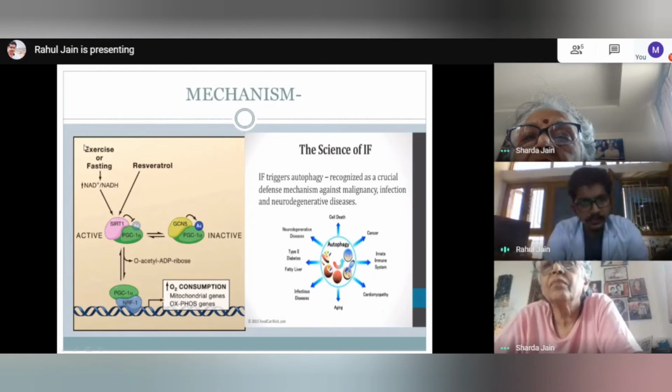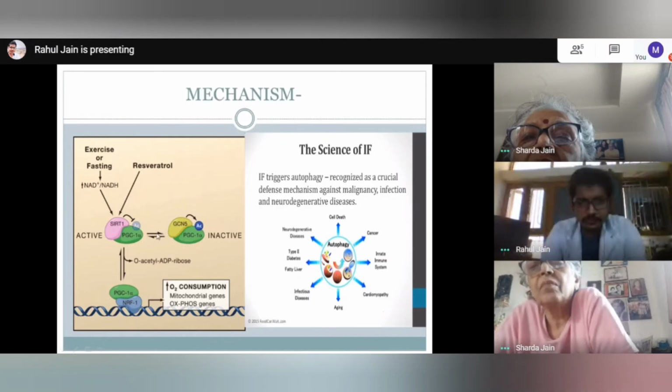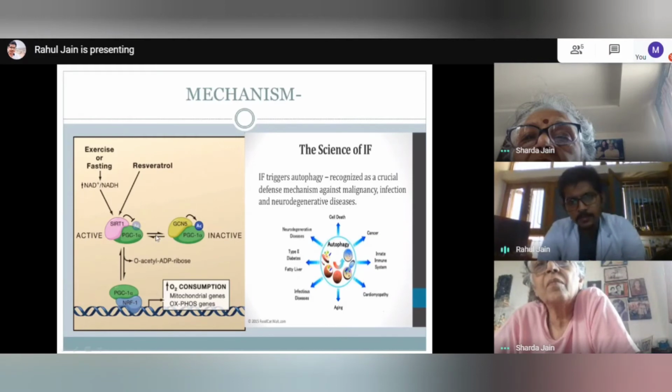How it works is that whenever we do exercise or fasting, it makes SIRT1 active, and whenever SIRT1 is active, the oxygen consumption of the cells will fall. So basically, we are trying to decrease the oxygen consumption and the metabolism of the cell, which is increasing the lifespan of the cell.